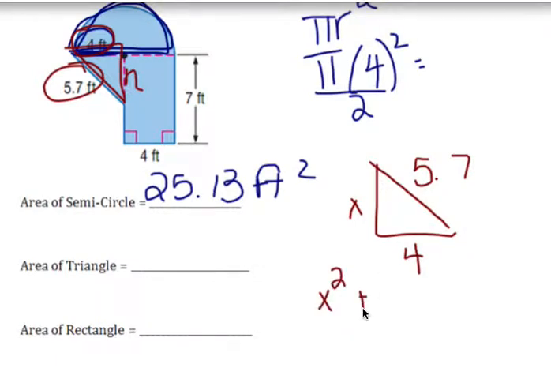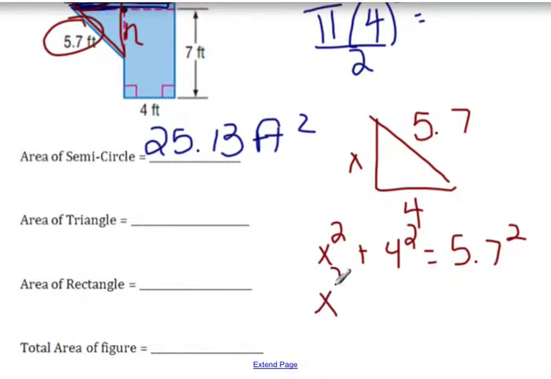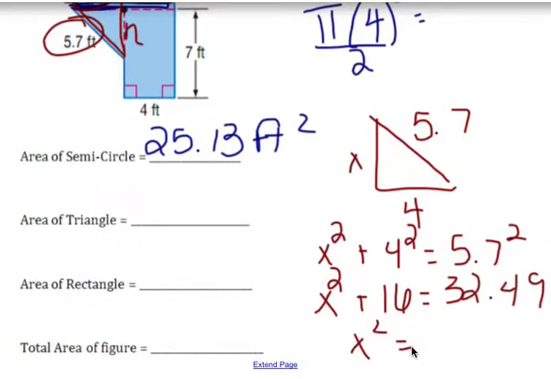So x squared plus 4 squared is equal to 5.7 squared. So I get x squared plus 16 is equal to 5.7 squared, which is 32.49. Then we're going to subtract the 16 from that, and you get 16.49.